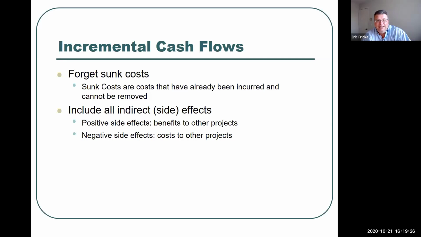Include all indirect side effects. You may have an idea for a project, but sometimes companies have entire product lines, and a new product could affect the sales of other products in the company. So that's something that should be taken into account.